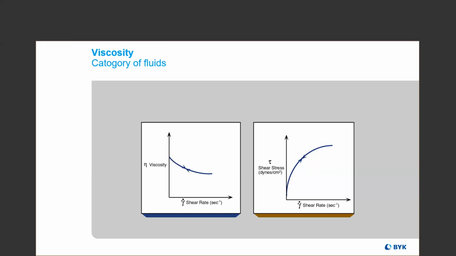It stirs very easily because the more shear stress you apply to the liquid, the thinner or less viscous it becomes. This means that as shear rate increases, the shear stress does not increase at the same rate, which you can see here in the graph on the right, and that results in a decrease in the viscosity.